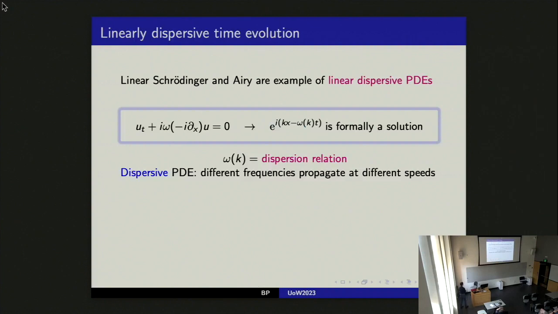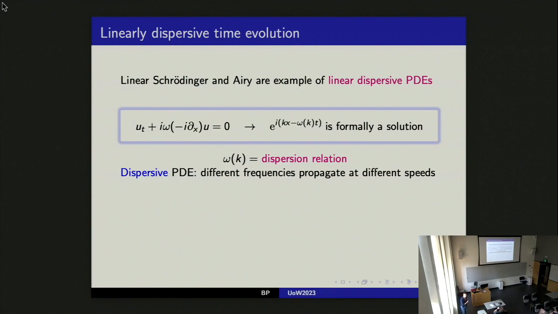Okay, I have said that these were all dispersive, but in fact, I didn't tell you what dispersive was. You probably know, but let me just make sure that we're all on the same page. So linear Schrödinger and Airy equations are examples of such equations where basically you call an equation dispersive if this is formally a solution, and omega then is the dispersion relation.